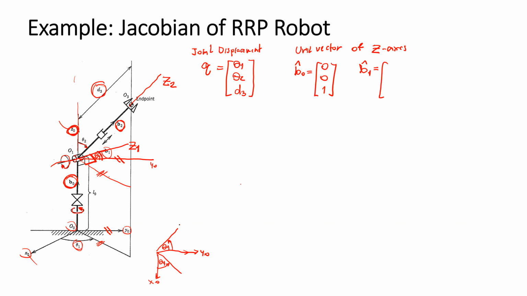So this is the direction of z1. Okay, so the unit vector that indicates the direction of z1.